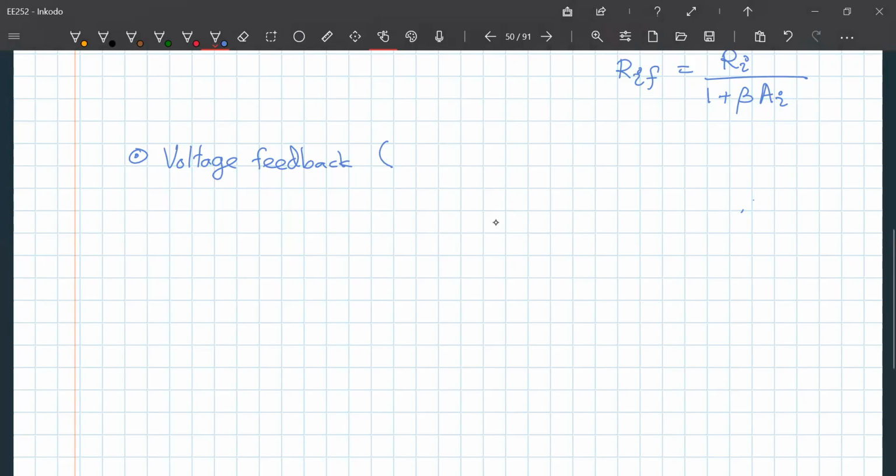So we have a series subtraction of VF from the source. Because of this, it increases the input resistance.